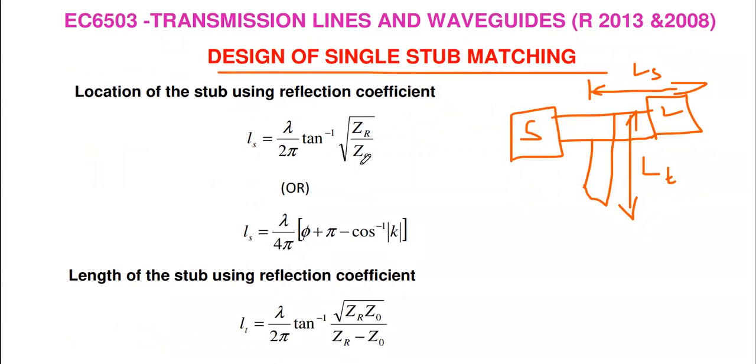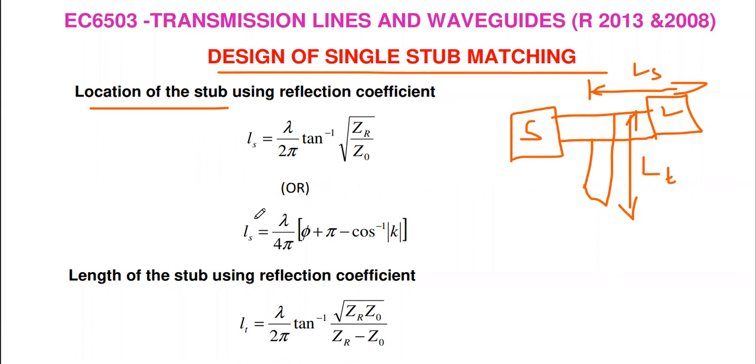First learn the formula expressions. The location of the stub, LS, is lambda by 2 pi tan inverse of square root of ZR by Z naught, where lambda is the wavelength, ZR is the load impedance, and Z naught is the characteristic impedance. This is one formula.